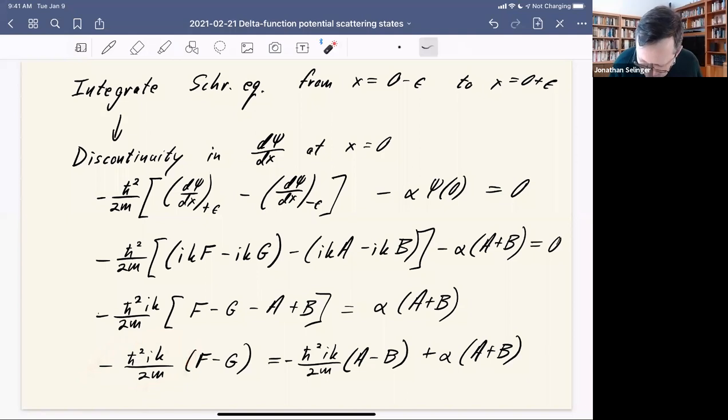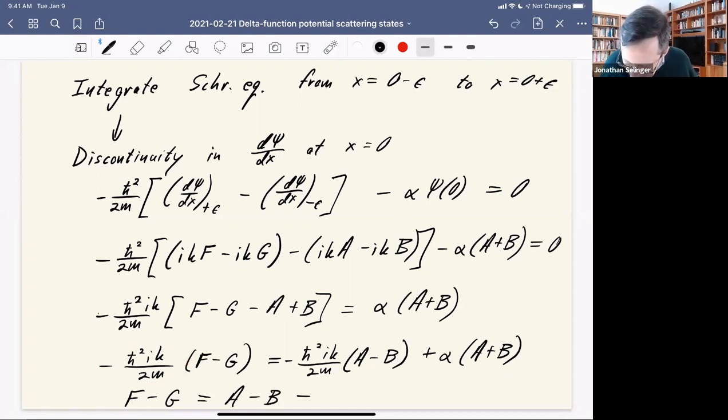So I get F minus G is equal to A minus B, and then minus alpha over ik ħ² over 2m times, wait a minute, yeah, that's what this is, times A plus B. Okay, I think that's what I wanted, maybe.